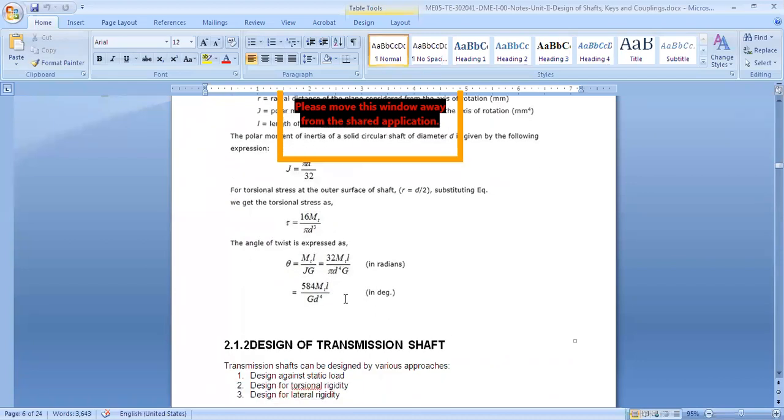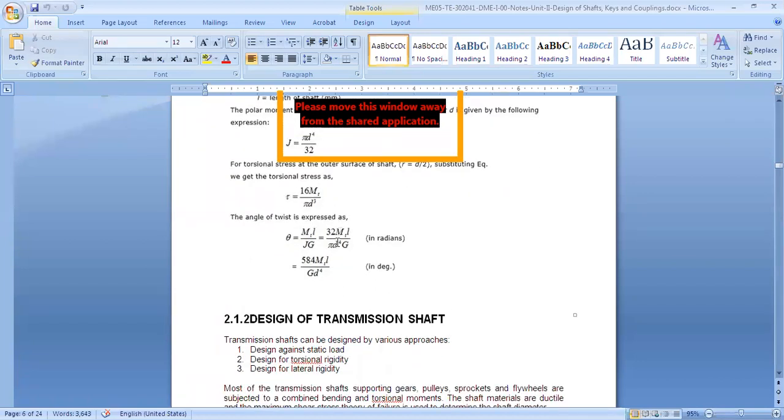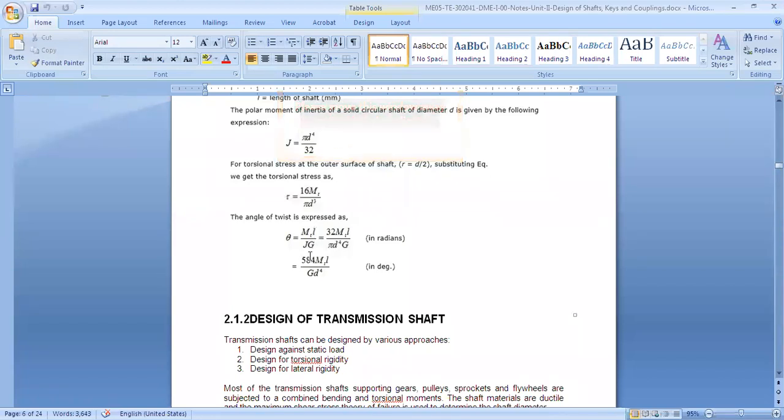Using this equation, we get the angle of twist theta equal to T, that is Mt, upon J into L upon G, right? If we put J as pi by 32 d raised to 4. If you have pen and paper, you can try to derive this equation.